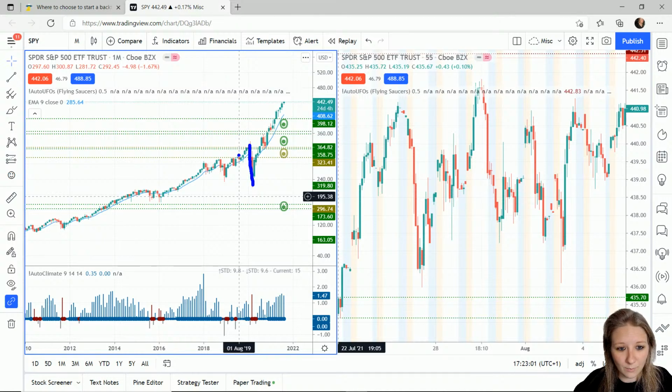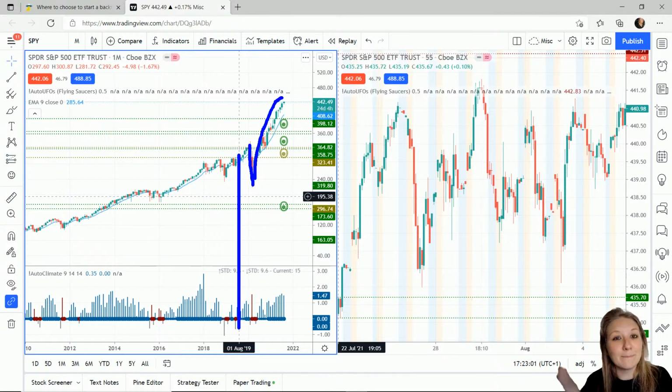From this point in time where we started, it incorporates the market drop, it incorporates the market going up. So it can show you what would happen across that period of time, or across the same period of time again, if the market were to go up, if the market were to go down, or perhaps if the market also was to go sideways. So ideally you want to try and incorporate those 3 market conditions in your backtesting.